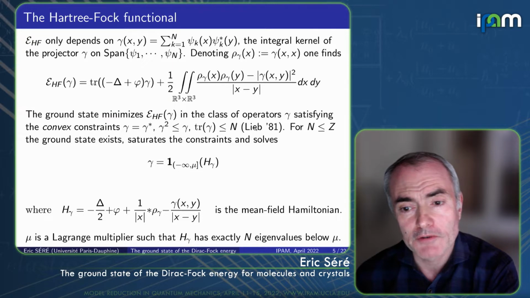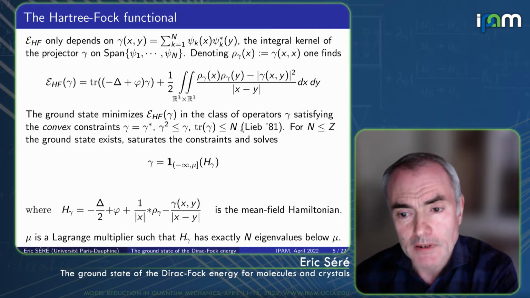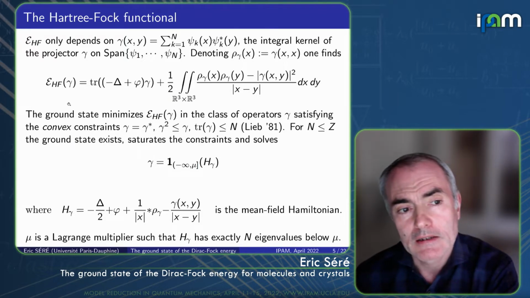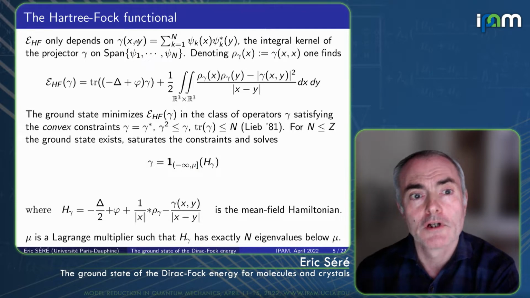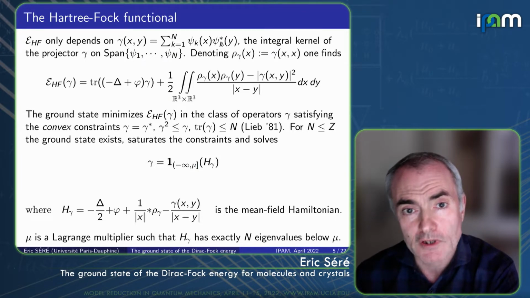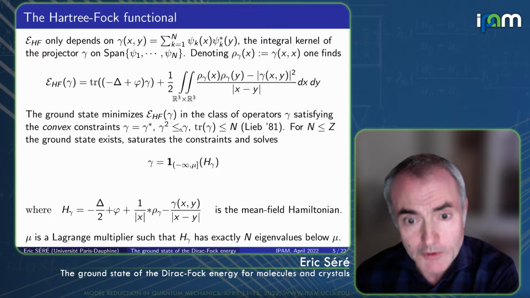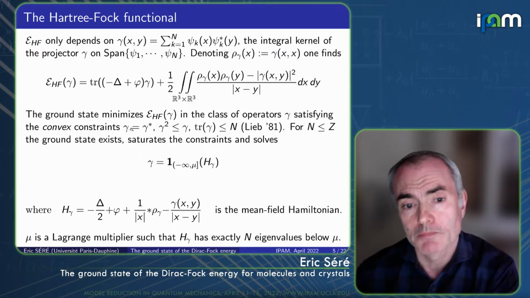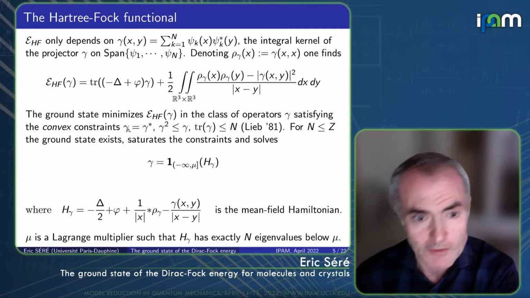And it was a very important remark made by Lieb around the beginning of the 80s that, in fact, instead of just minimizing over the set of projectors of rank n, you can minimize on a larger set, which is a convex envelope of the set of projectors.